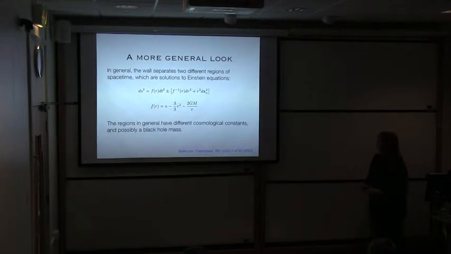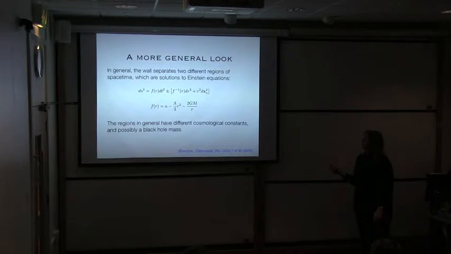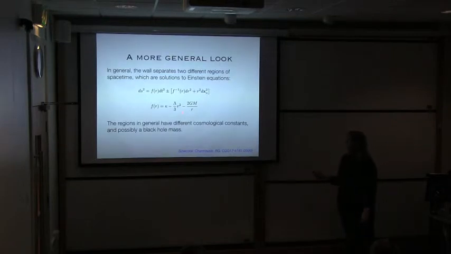If you're just looking for solutions to Einstein's equations corresponding to one of these walls, you can prove that the exact solution away from the wall is one of these generalized black holes. You can see the 2GM/r bit, because we're in 4 dimensions in this case. So this is the integration constant.